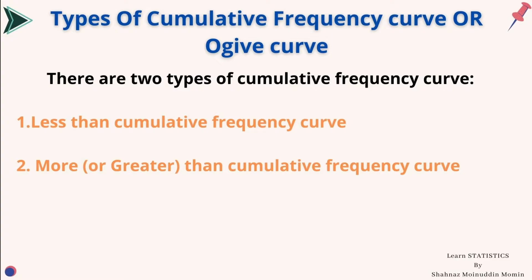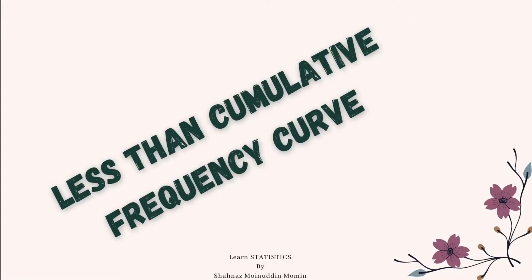The first one is the less than cumulative frequency curve, and the second one is the more than or greater than cumulative frequency curve. The division of these two frequency curves depends upon the types of cumulative frequencies. So we shall start with the first type, the less than cumulative frequency curve.